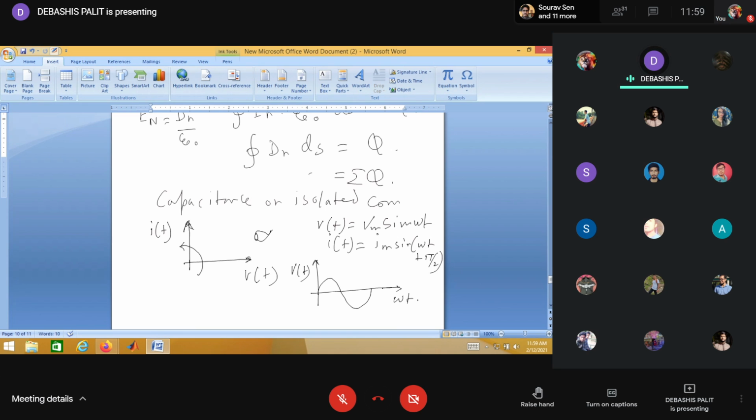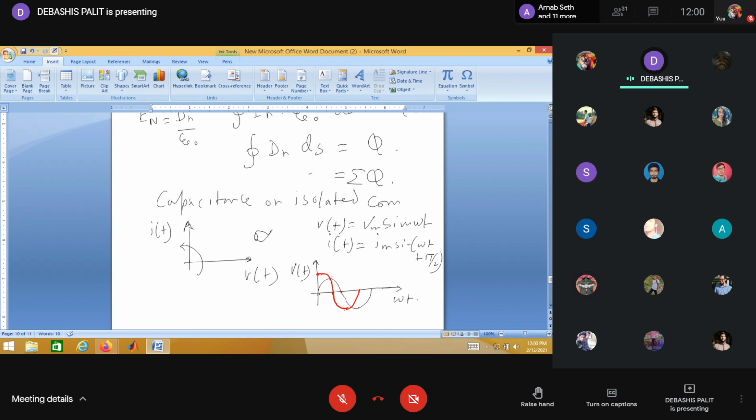If you consider the current phasor for a pure capacitance, then you will get it like this. Whenever it is 0, then it is maximum. Whenever it is maximum, then it is 0.